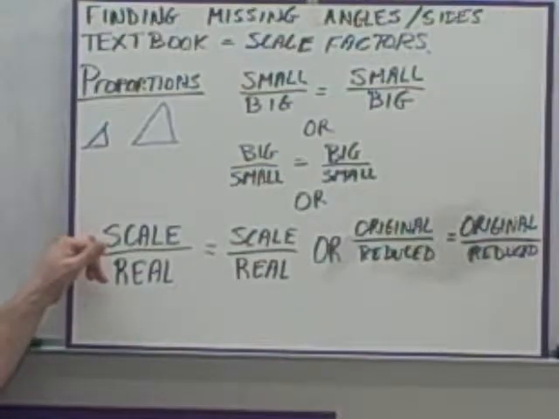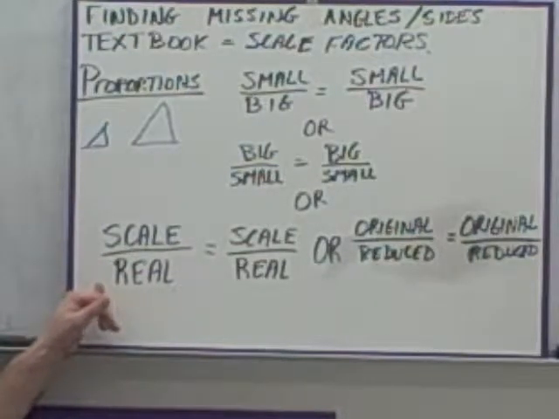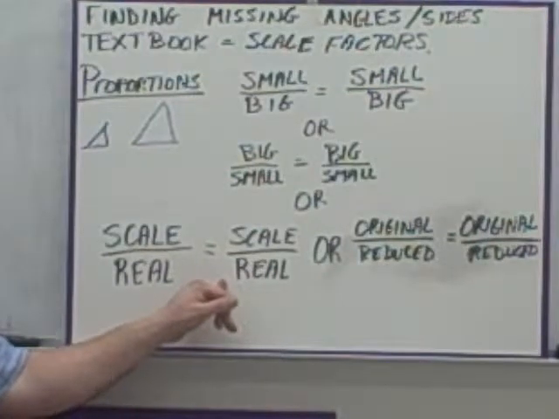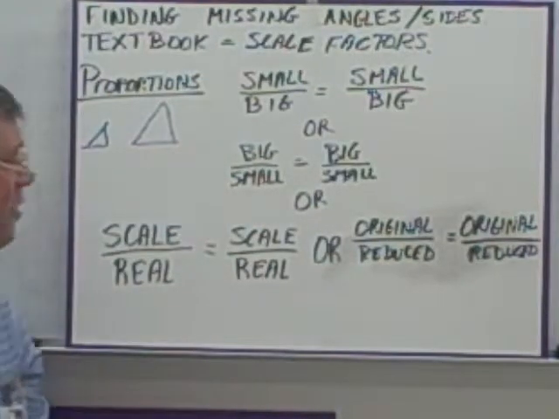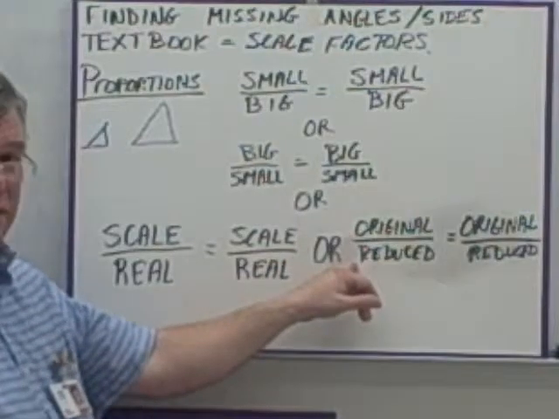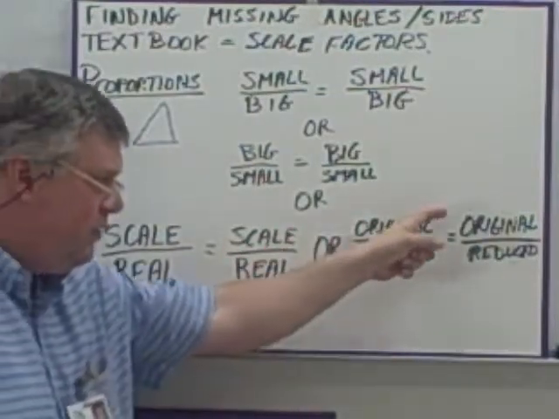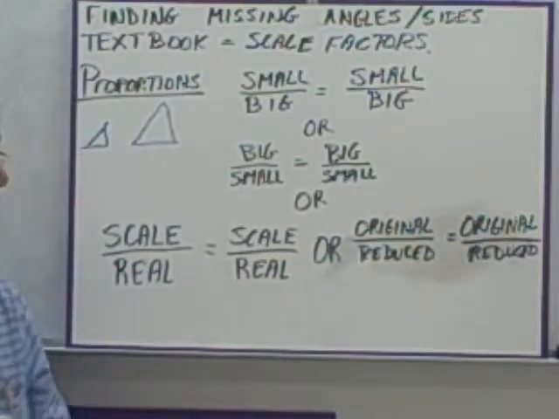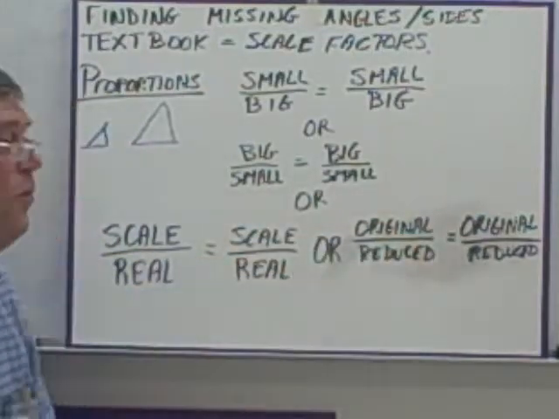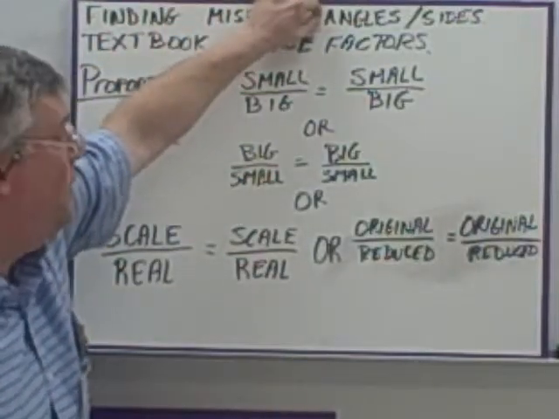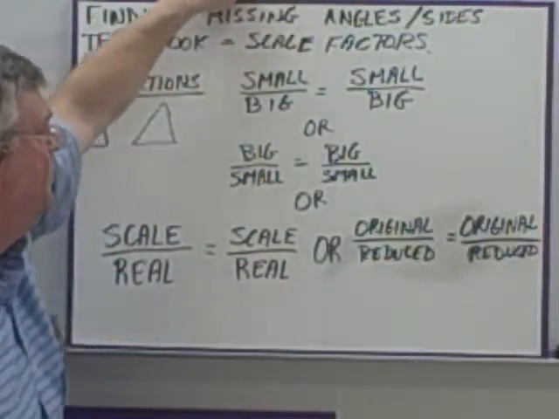And if you do scale size to real size equals scale to real, that'll work as well. It's just like big to small or small to big. Original to reduced, if you got an original thing that you need to reduce in size, original to reduced size over original to reduced. As long as you keep it consistent across both sides of the equal sign, you should be able to set up those proportions fairly easily and work with that.